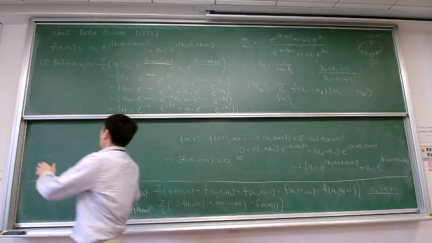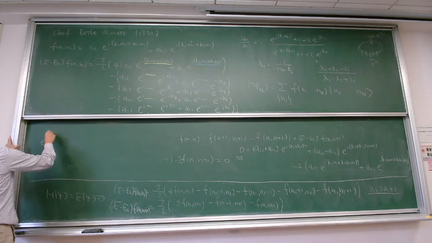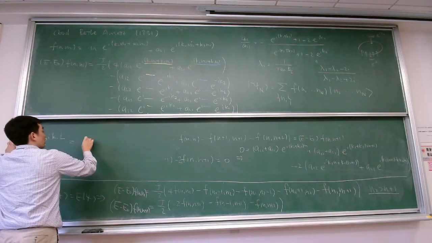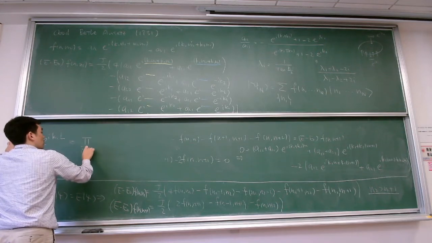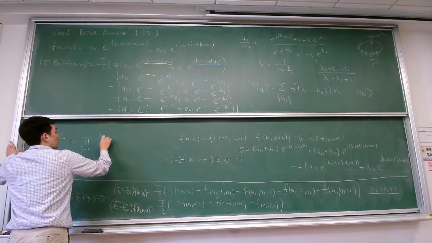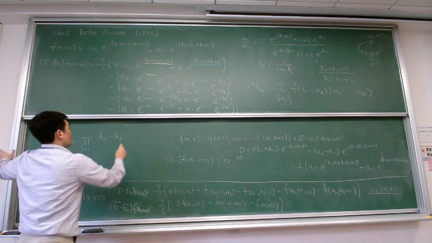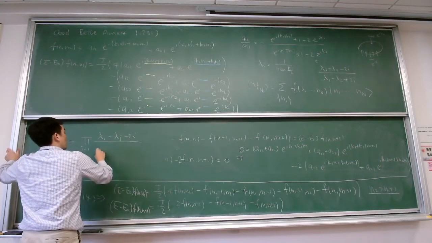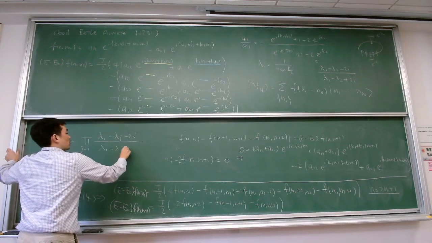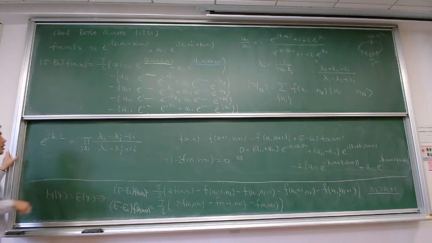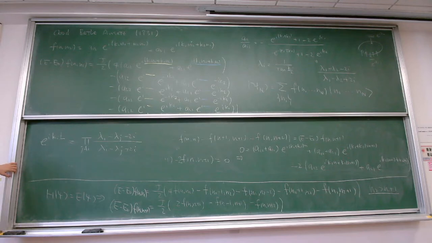e to the i k_i L is equal to the product over j not equal to i of (lambda i minus lambda j minus 2i) divided by (lambda i minus lambda j plus 2i). So that's what you obtain from the coordinate Bethe ansatz.